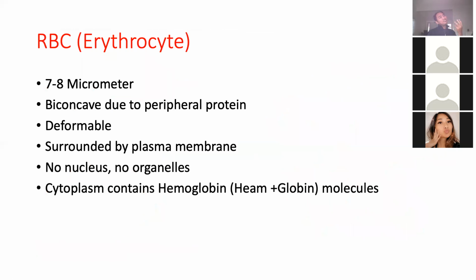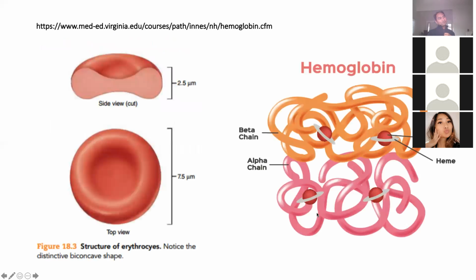But as an anatomy student, I want you to remember: 7 to 8 micrometer, biconcave, deformable, surrounded by plasma membrane. In the cytoplasm, no nucleus, no organelle other than hemoglobin. So this is hemoglobin, heme and globin. Where is heme?